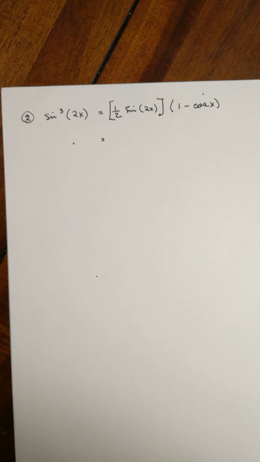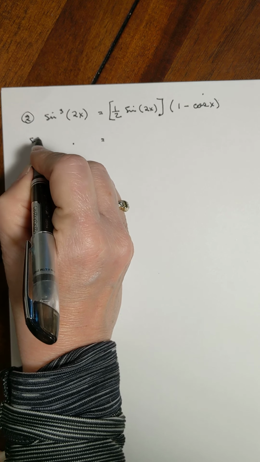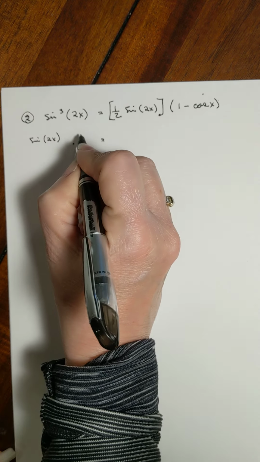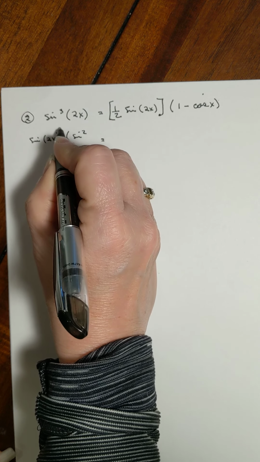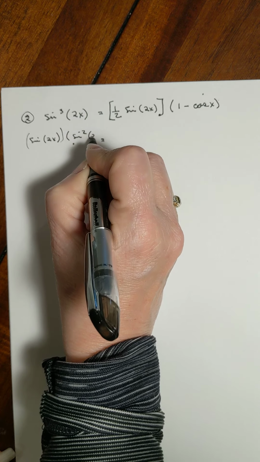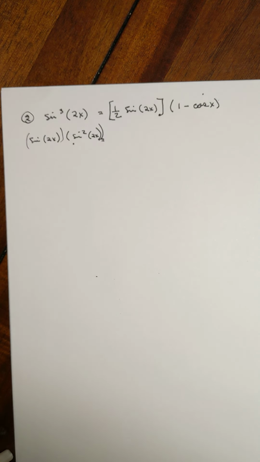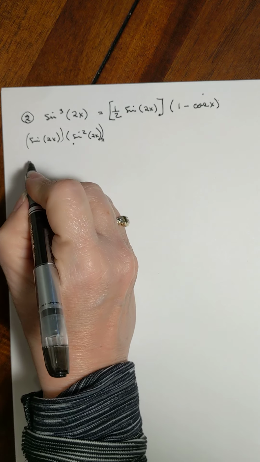So what I'm going to do is split sine cubed of 2x up into sine of 2x times sine squared of 2x. So here I have a sine squared of 2x.